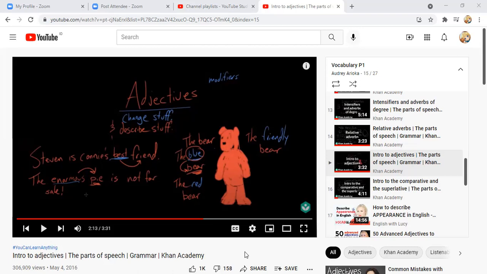Okay, so suffix can change word class and the meaning of words. So when you add suffixes to a base word, it's mostly going to become either noun or adjectives. It's very rarely going to change the word into a verb.